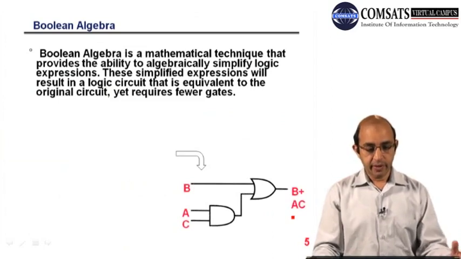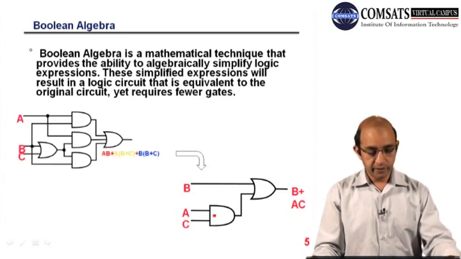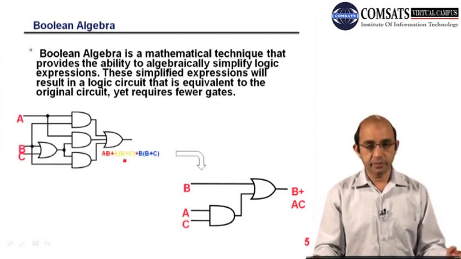Actually, Boolean algebra is a tool that we use in order to simplify our logic. For example, if we have this Boolean expression and we have to implement it, we need gates. I'm not talking about the logic of those gates, but you can see here we have 1, 2, 3, 4, 5 gates.